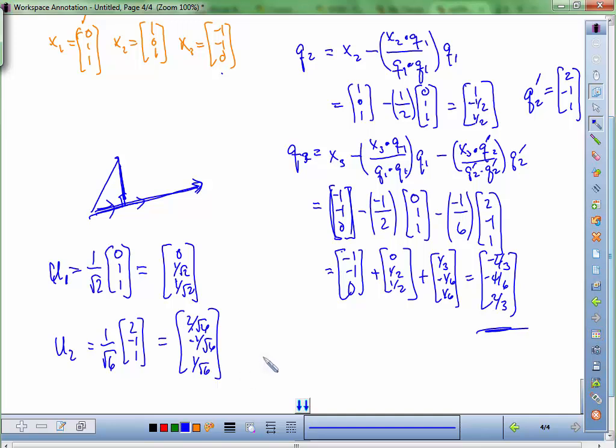And then the last one, U3, is going to be, let's take Q3 prime and multiply everything by 6 here. So this is negative 4, negative 4, and I could have just multiplied everything by 3, yeah. Negative 1, negative 1, 1.